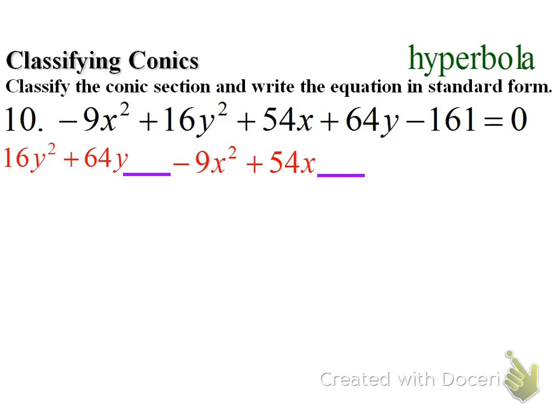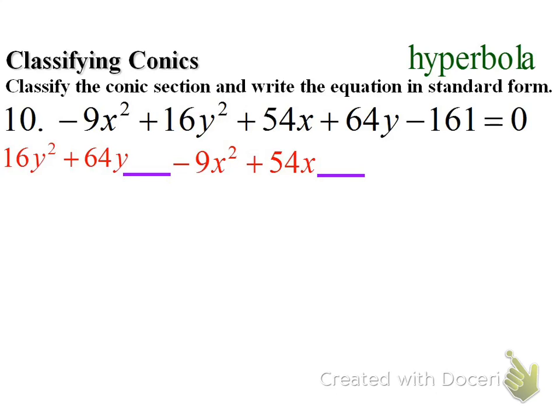Remember, hyperbola, the sign in the middle is always a minus sign, so if you notice that one of them is negative, you should write that one in the back. But that's something you could always fix after you complete the square, so I wouldn't stress too much about it. If you didn't do it yet, you'll have a chance.